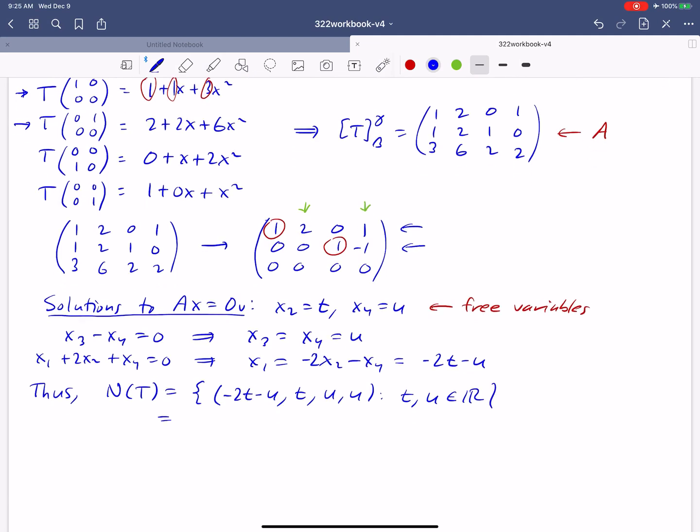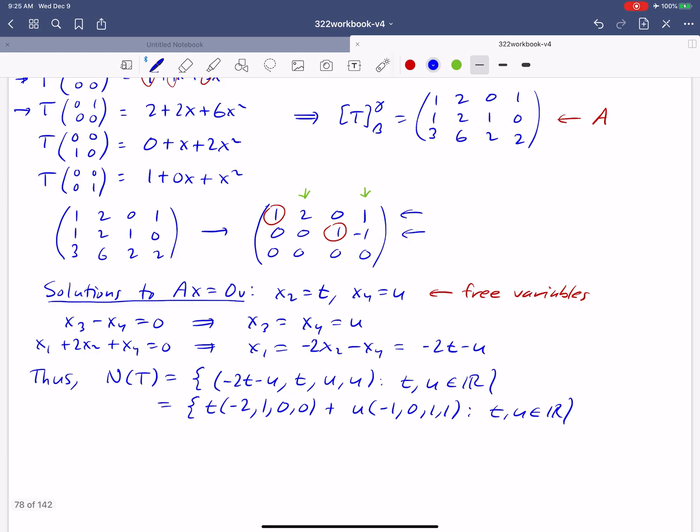All right, and let's go ahead and pull that apart. I think we skipped this step in some of our calculations in previous examples. Let's go ahead and write it out one time. So if we break that apart, we can rewrite it like this. Okay, let me just confirm that that's right.